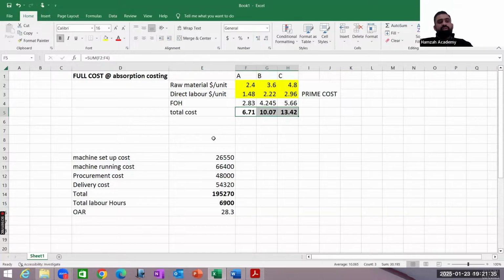That is the allocation of factory overhead using the absorption costing system, where we use a single activity to absorb the overhead in each product. Any question?